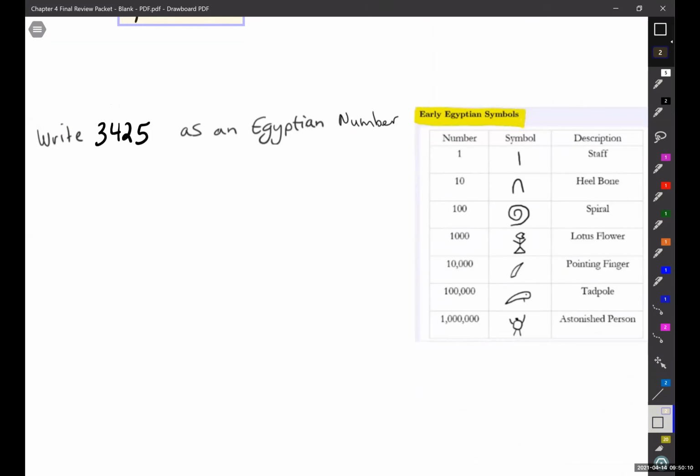So if y'all would write that out, remember we use the largest groupings to the left down to the smallest to the right.